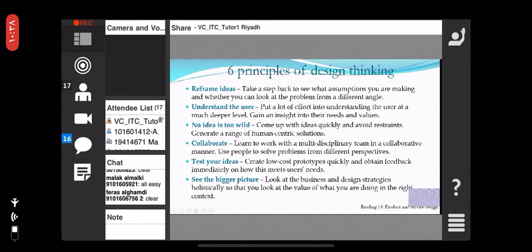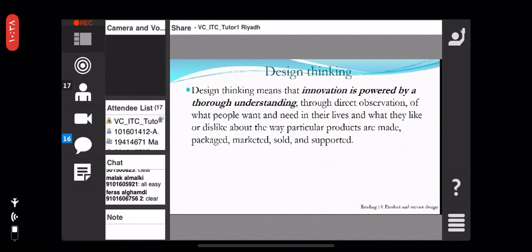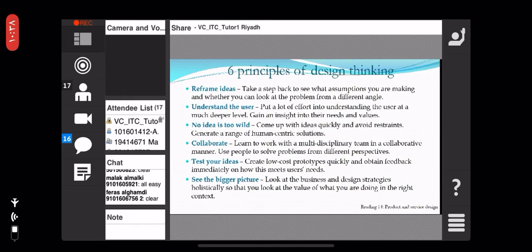Okay, there are six principles of design thinking. Reframe the ideas, understand the user, no idea is too wild, see the bigger picture. Reframe the ideas. There is a frame, for example, you fix your pictures, but reframing means reframe the ideas.